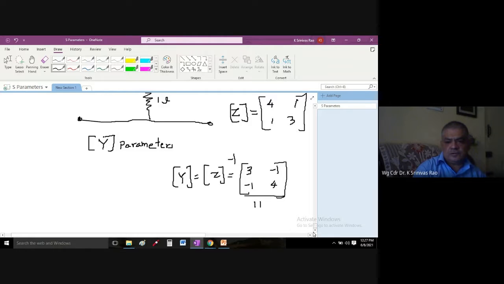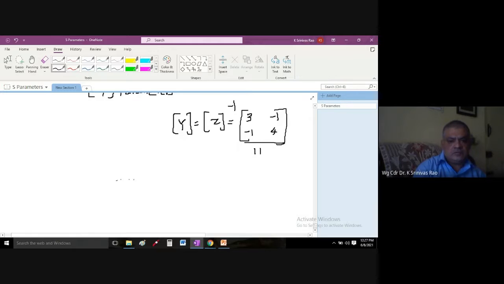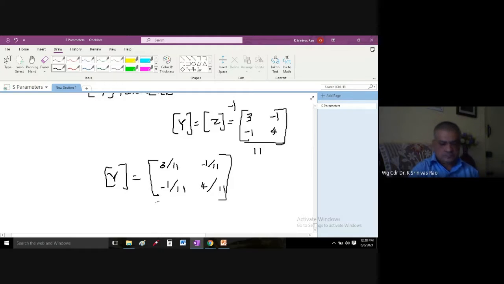Therefore the Y matrix will be 3 by 11, minus 1 by 11, minus 1 by 11, 4 by 11. Just calculate and put it in point form. That's all. So this is the solution for obtaining the admittance matrix.